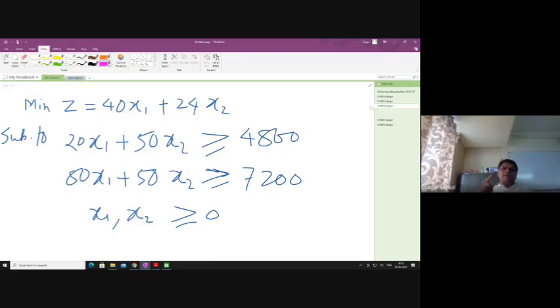Put those values of extreme points in objective function, find out the objective function value for all these extreme points, and select that objective function value which is maximum in maximization case, minimum in minimization case, and corresponding point is the optimum solution. Okay?